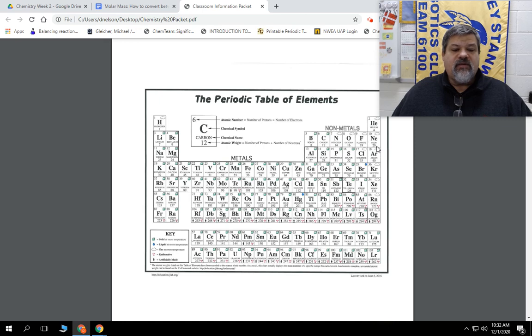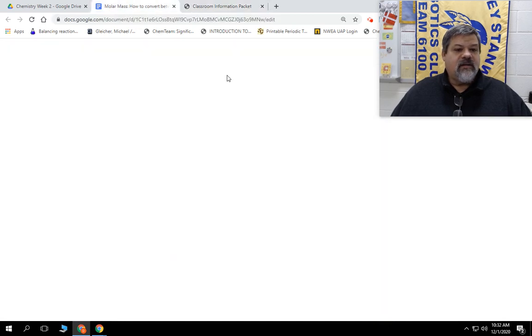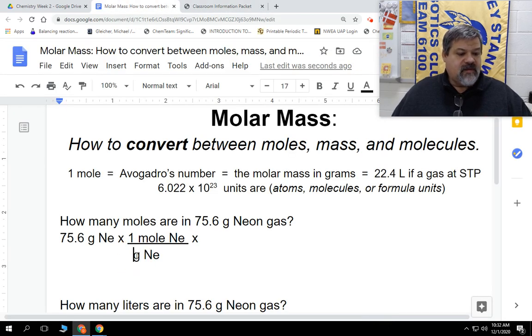And neon is going to be 20. So if I go back to the question, we're going to say that it has 20 grams. So 1 mole equals 20 grams, because again, it's the molar mass in grams, and that's how we calculate that.